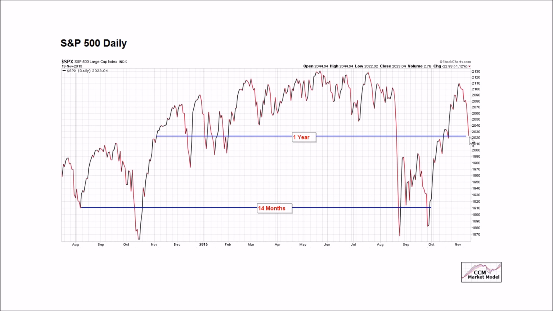Unfortunately, we can take today's close and go back almost exactly a year and nothing has happened. This is a trendless environment here. When we were down in the September-October low area here, it was even worse. We could go back to August of 2014. So we had 14 months of a trendless, indecisive market.